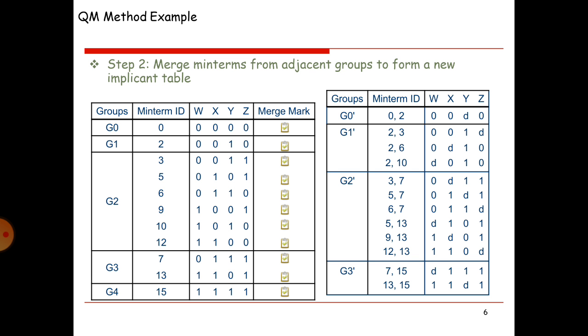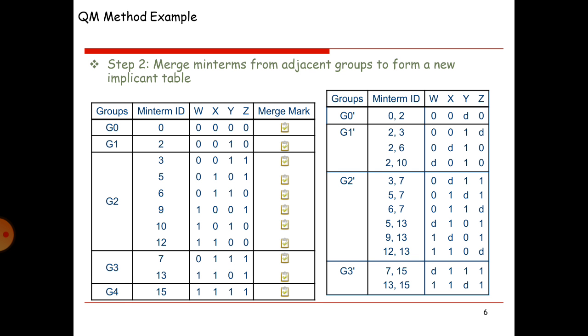The next is G2 dash. In G2 dash, we have to compare G2 and G3. So in G2 we have 7 min-term IDs and in G3 we have 2 min-term IDs.